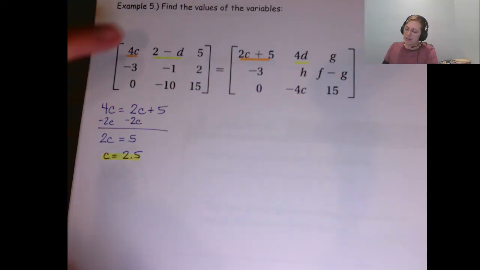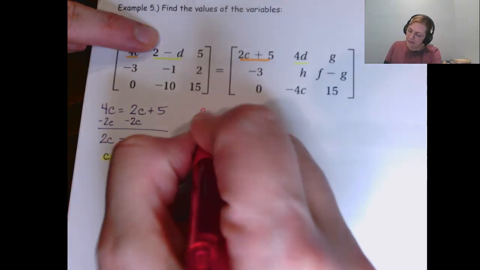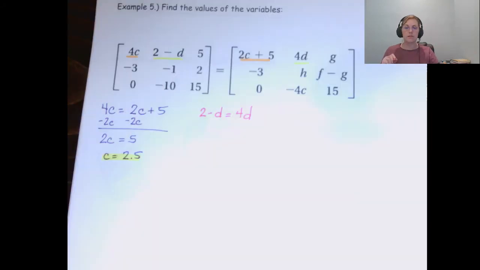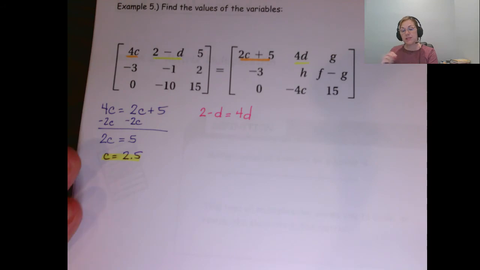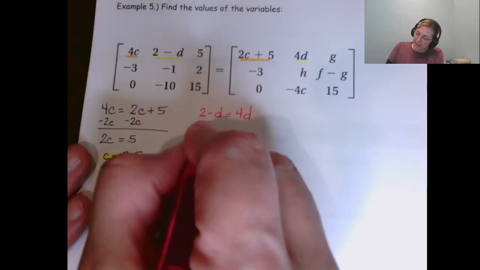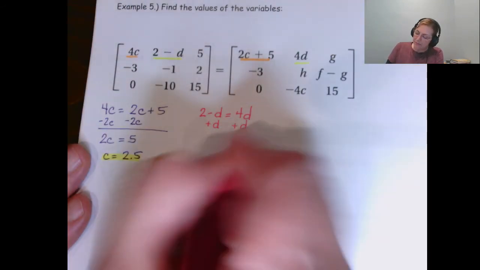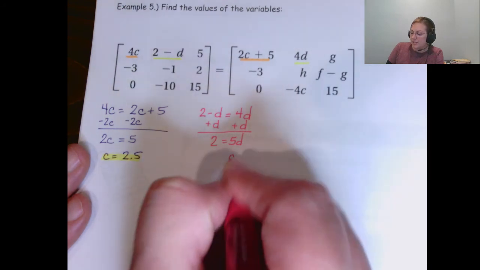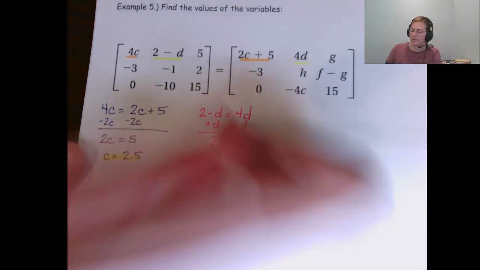So that would be 2 minus D equals 4D. In this one, I'm going to solve for D by adding D to both sides. I get that 2 equals 5D, so D is 0.4.